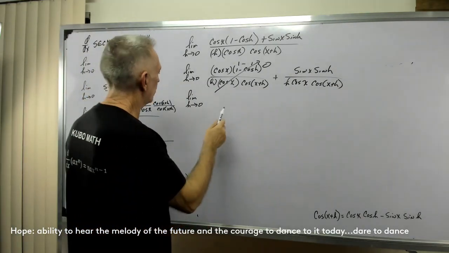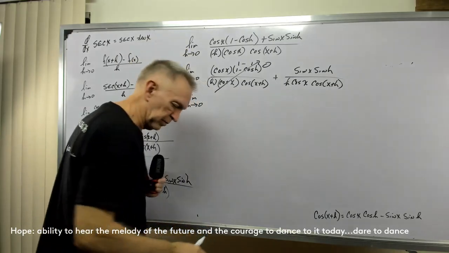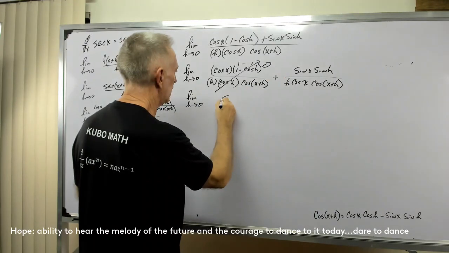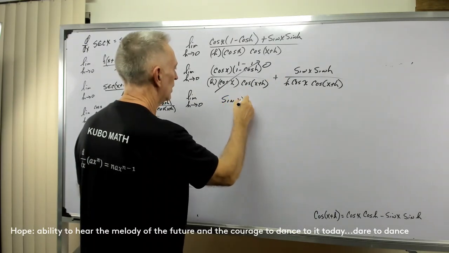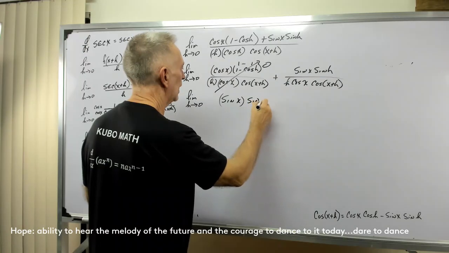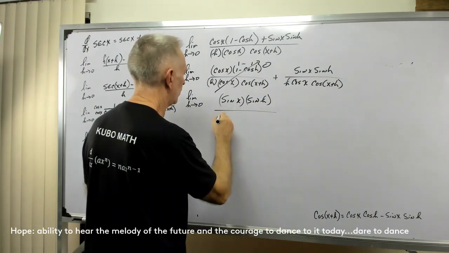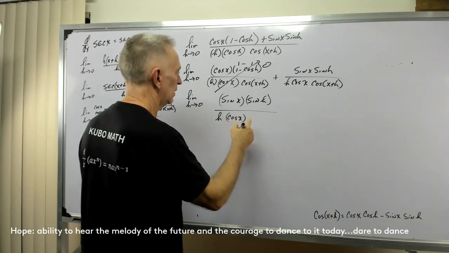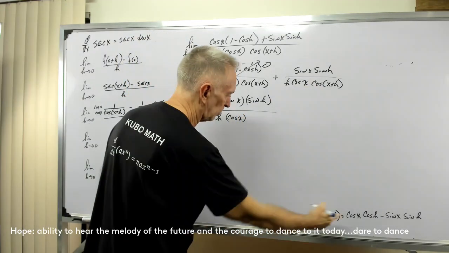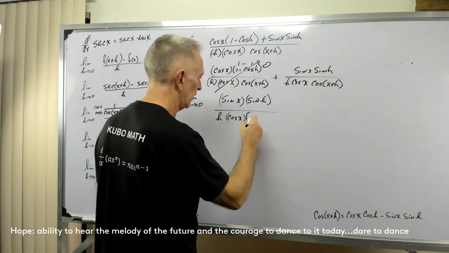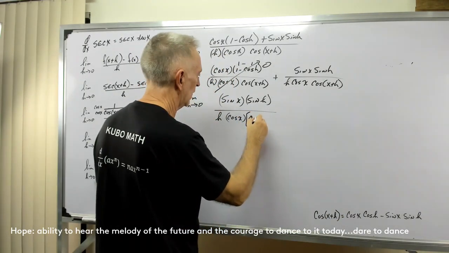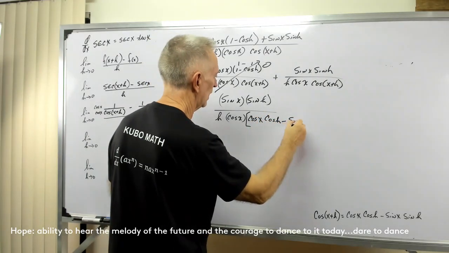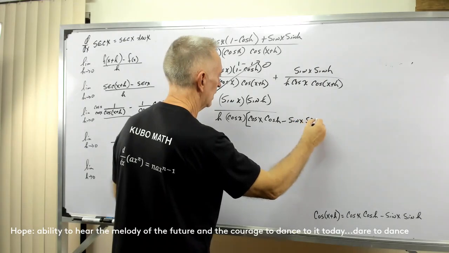Okay, the other thing I'm going to do is copy this down for the moment. So I end up with sine x times sine h over h cosine x times cosine of x plus h, which is cosine x cosine h minus sine x sine h.